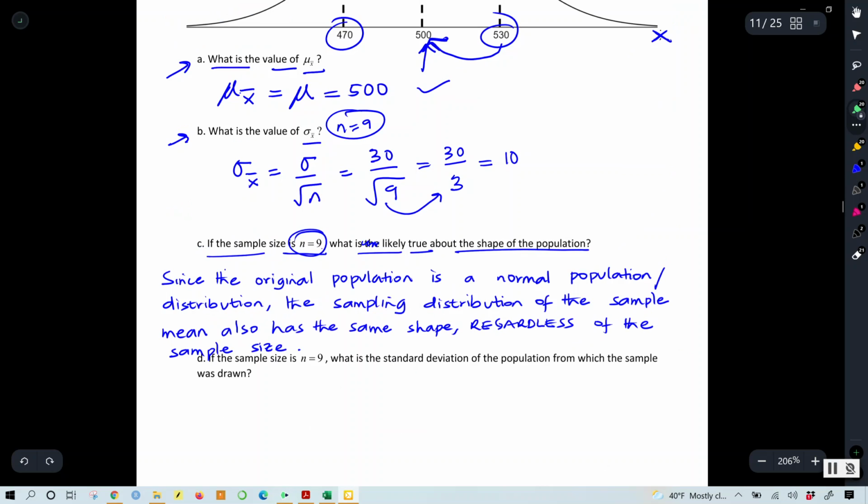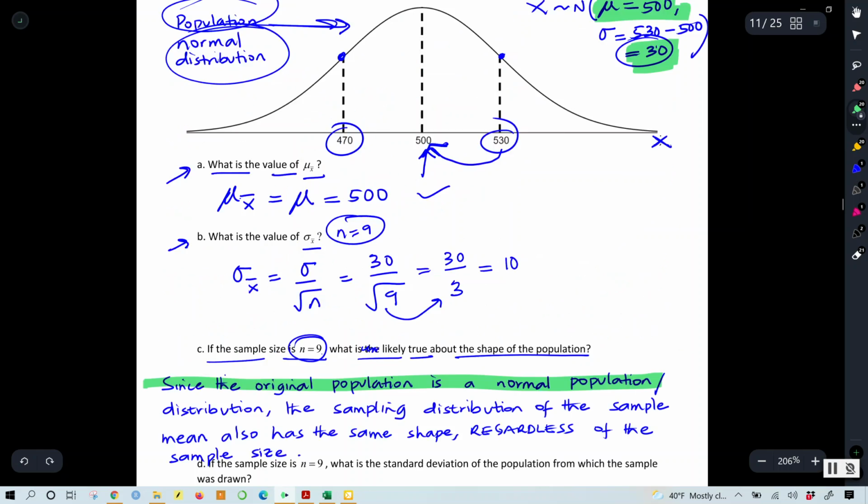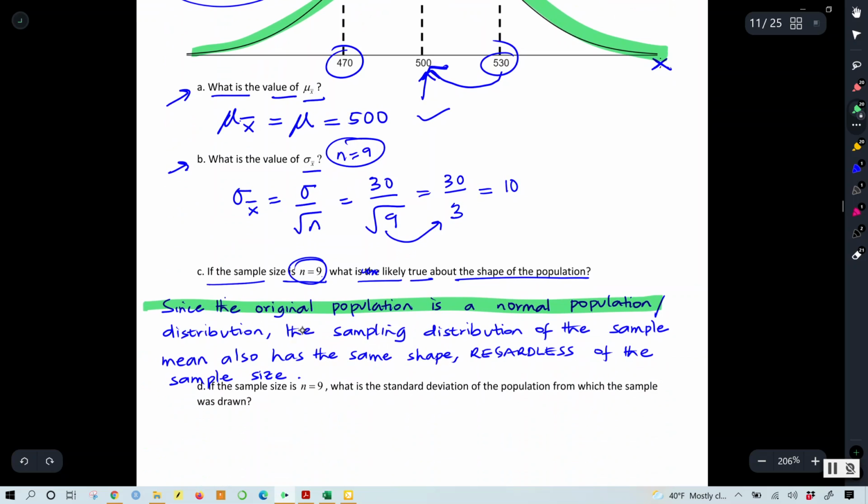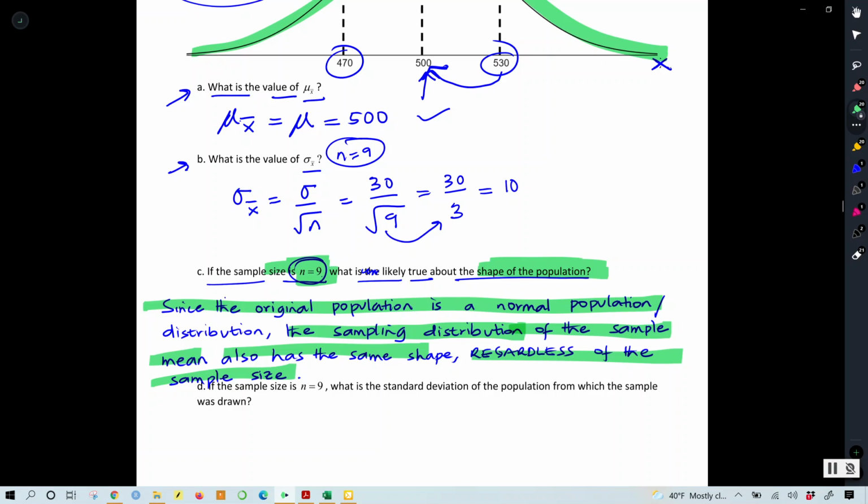To emphasize, since the original population is a normal population, the resulting sampling distribution of the sample mean will have exactly the same shape regardless of the value of your sample size. So even when n is 9, the shape of that sampling distribution will also be the normal distribution.